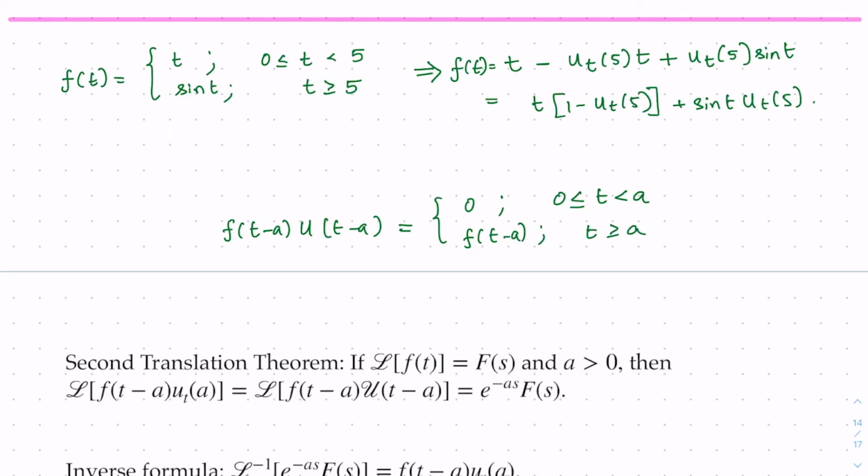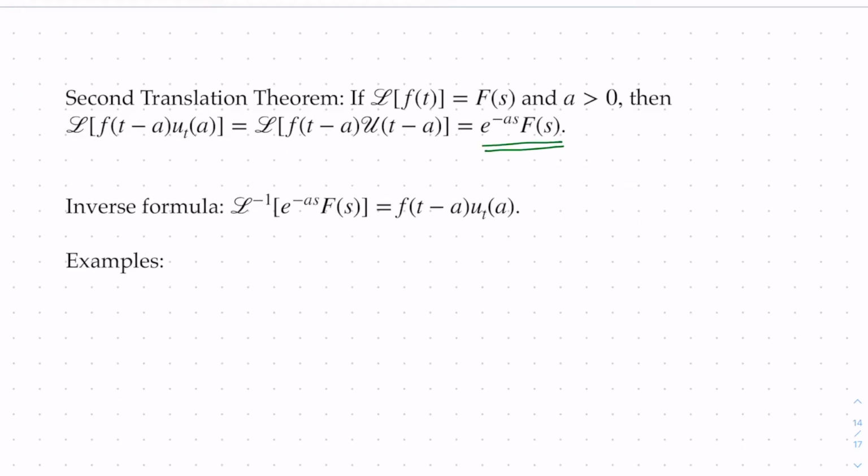That's what that function is, and that's what we are taking the Laplace transform of. Now if you take the Laplace transform, what you get is e to the negative as times F of s, and that's the Laplace inverse here as well. Now let's take a look at a couple of these examples.